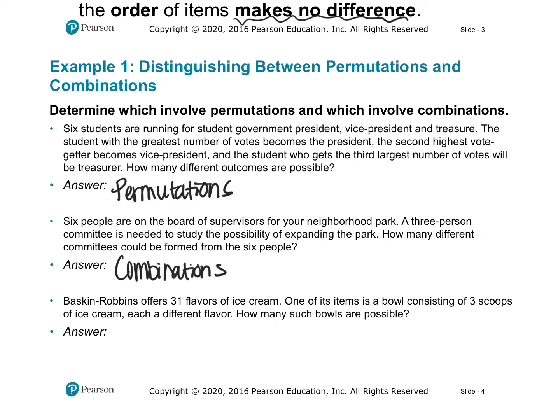So, for example, a chocolate, vanilla, strawberry bowl is the same as a strawberry, vanilla, chocolate bowl. Unless you really do specify that's the order you want it in, then that would change to a permutation. But since it doesn't specify that, it's going to be a combination.